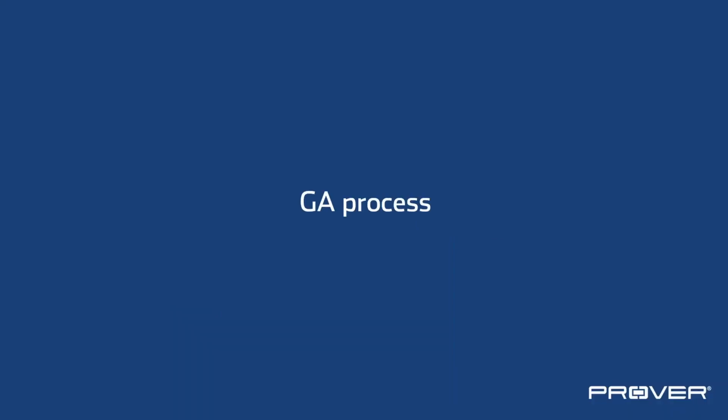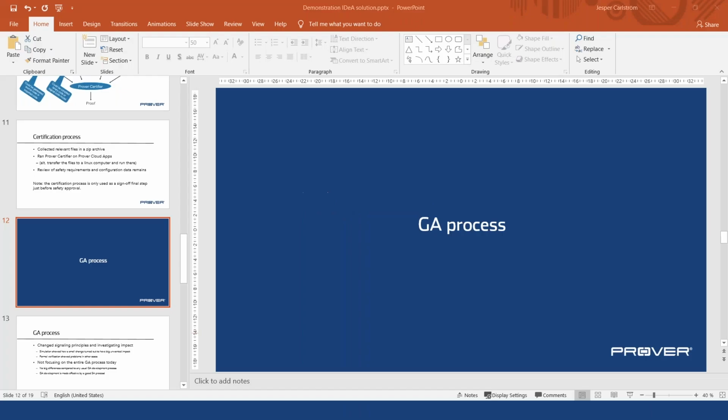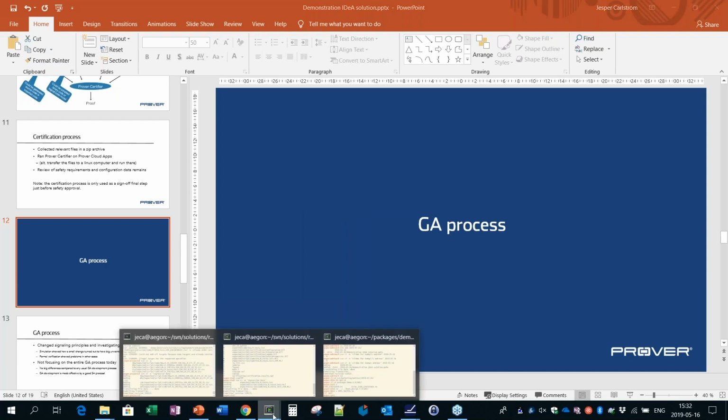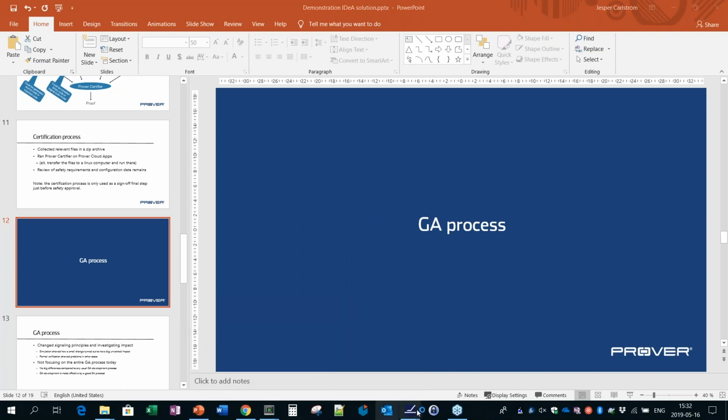Okay, I've now gone through the specific application process and the certification process, and we need to look also at the generic application process. It will be really quick because this is not the focus today. I want to show you anyway how we can make changes to the generic application.